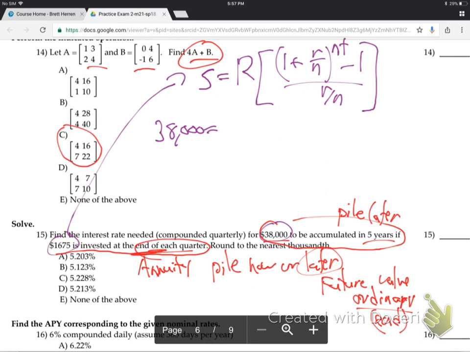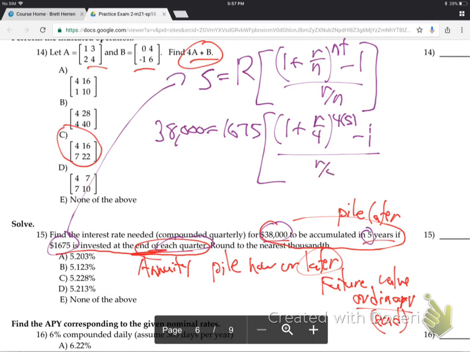R is 1675. 1 plus little r is what we're trying to find. Each quarter, so that's 4. N is 4. To the NT, 4 times T, 5 years, over R over 4. Okay, so there we are.